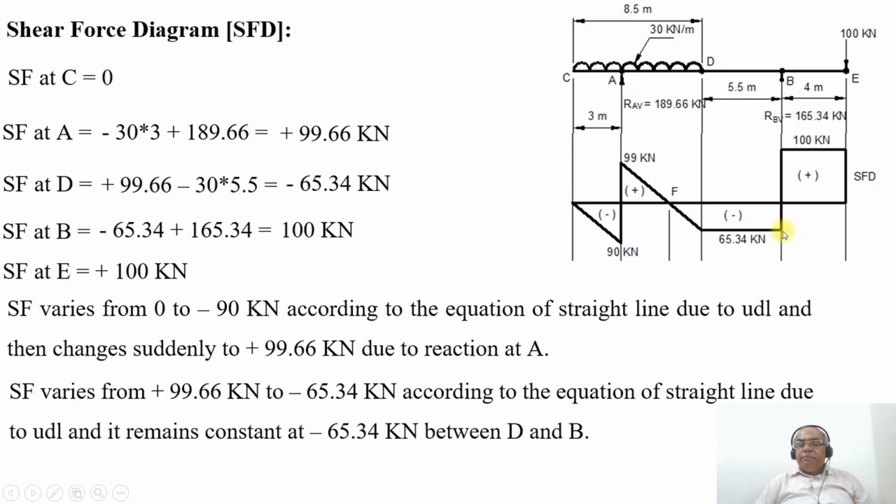At the point B, due to the support reaction of 165.34, it suddenly rises from minus 65.34 kilonewton to 100 kilonewton. And between B and E, SF remains constant at 100 kilonewton.